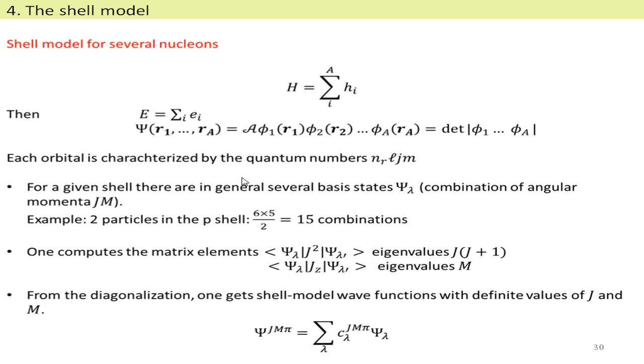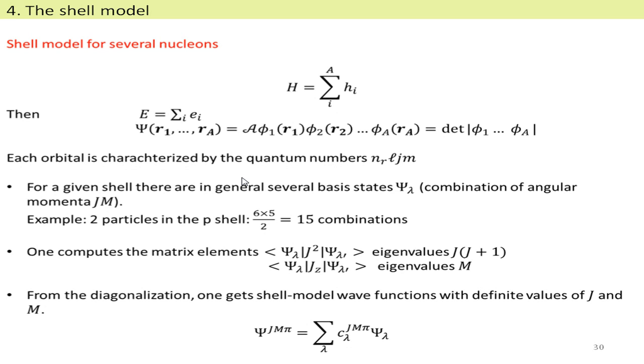So you may have different possibilities to construct Slater determinants with the same number of particles. So for a given shell, you may construct several basis states, and these states don't have a correct angular momentum J and M. And here I take an example.